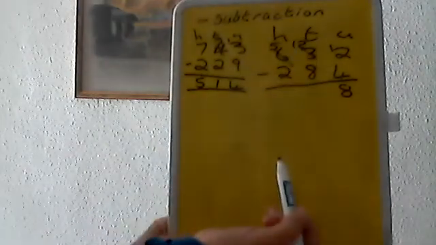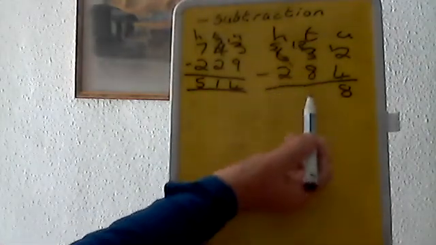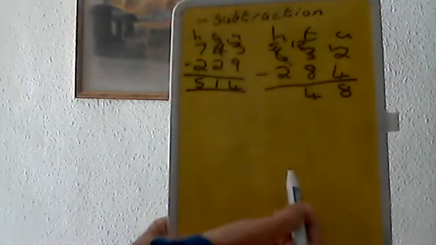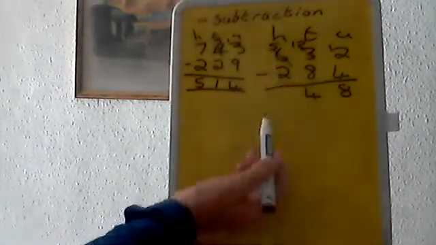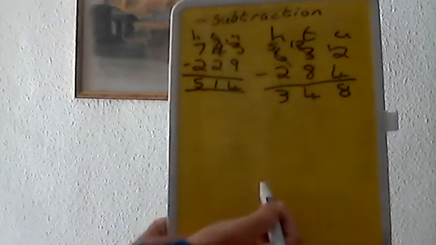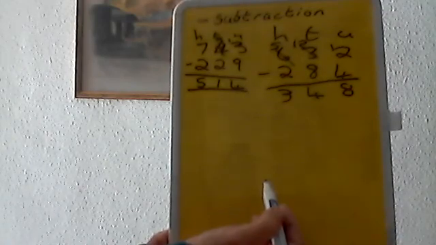That's 12 tens. 12 tens minus 8 tens is 4 tens. 5 hundreds minus 2 hundreds is 3 hundreds. And even when we get to the thousands, and you have done some of these, but now you have, I hope, a better understanding of what you're doing.